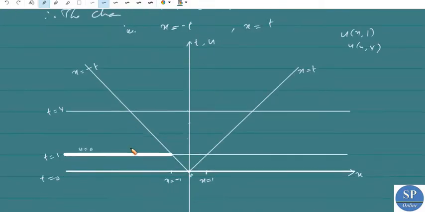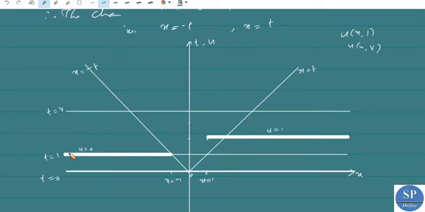So u equal to 1 will be here. When x is greater than 1, we have this point, and we can draw this graph like this. So this is u equal to 1, this is u equal to 0, this is u equal to 1.